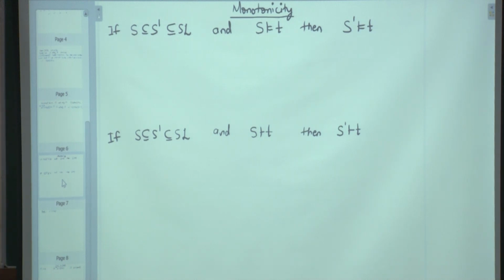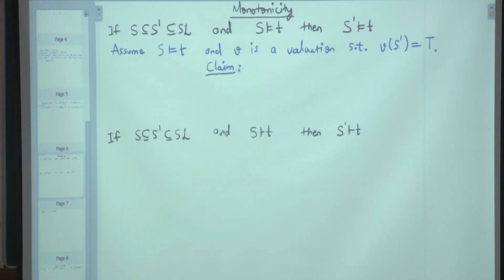So assume T is a logical consequence of S and V is a valuation such that V of S prime is true. What is our claim? V of little t is true.